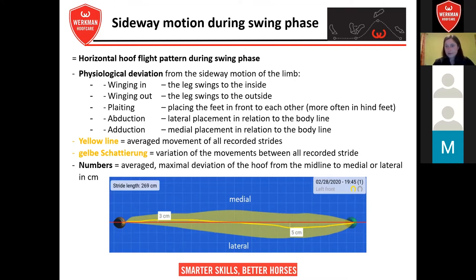If you have very young horses, for example, or very unbalanced horses, this shadow is usually a little bit bigger. And if you have good trained, stable horses, maybe riding school horses, which are doing all day long their work, usually you have less shadow, so less variation. And then, of course, you can see the maximum inwards or outward movement of the limb.